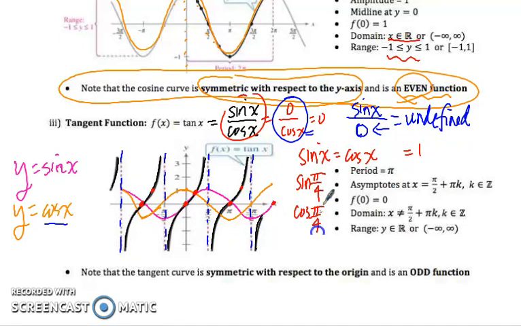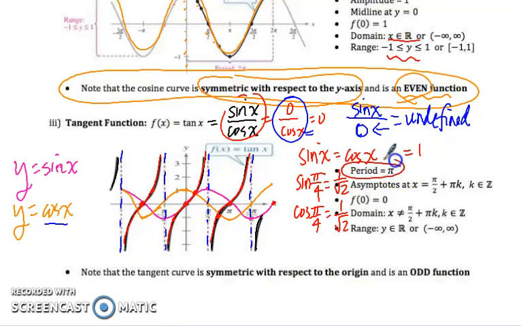Sine of pi over 4 is 1 over root 2 or root 2 over 2, and cosine of pi over 4 is 1 over root 2 or root 2 over 2, and so up here this is positive root 2 over 2, this is negative root 2 over 2, and when those two values are the same but with different signs, we get a negative 1. So same y values but opposite signs, we get a negative 1. So that is why my tangent curve looks something like this.